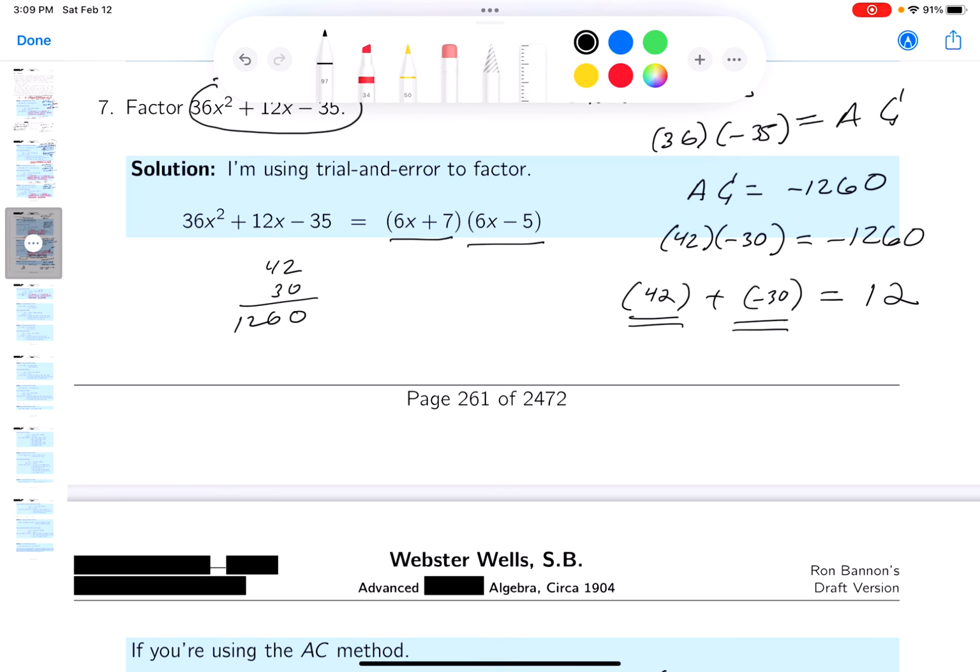No matter what you do, AC rule, trial and error are all going to lead to the same spot. I recommend trial and error, though, because I believe it's easier. However, like I always say, if you're struggling with what I'm saying to do, you may want to really seriously consider the AC rule.